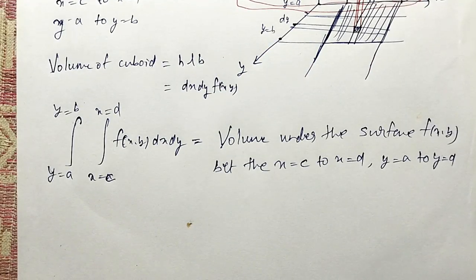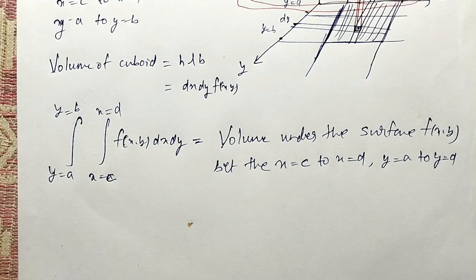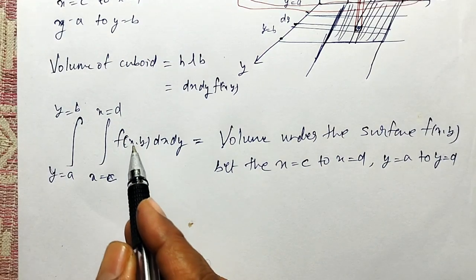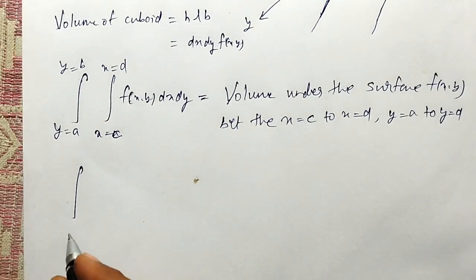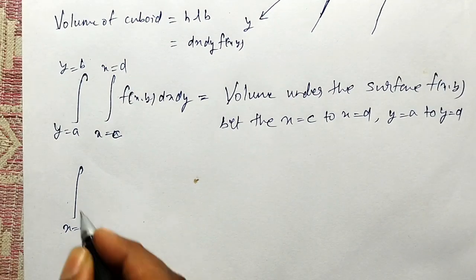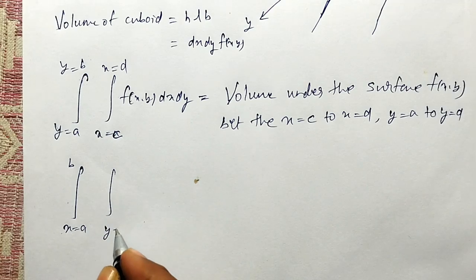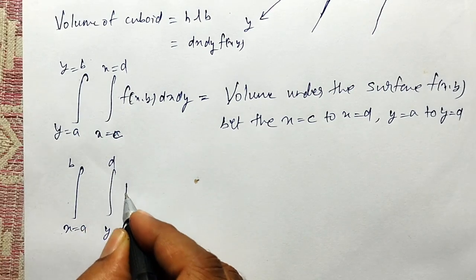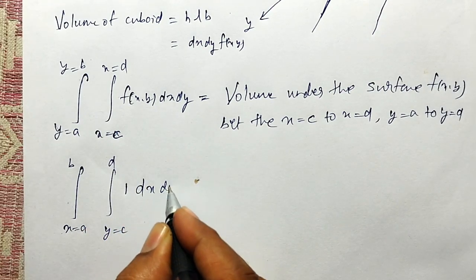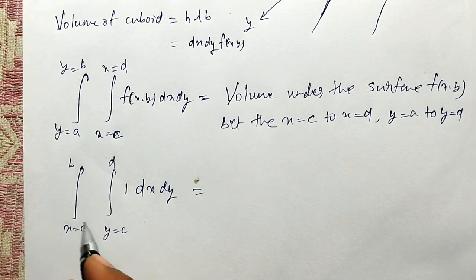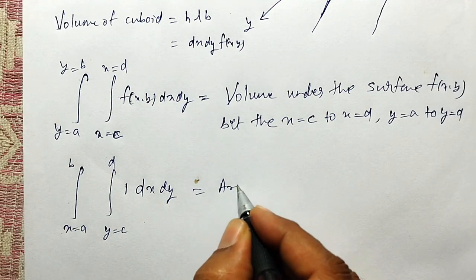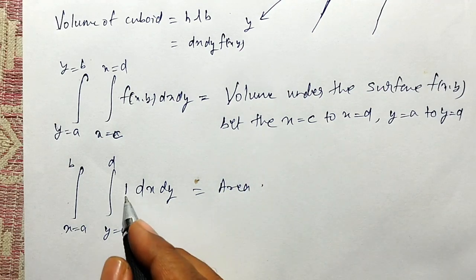Before proceeding to the example, first, if this function f of x is equal to 1, that is, integration from x equal to a to x equal to b and y equal to c to y equal to d of 1 into dx dy, then it is representing the area under one curve.